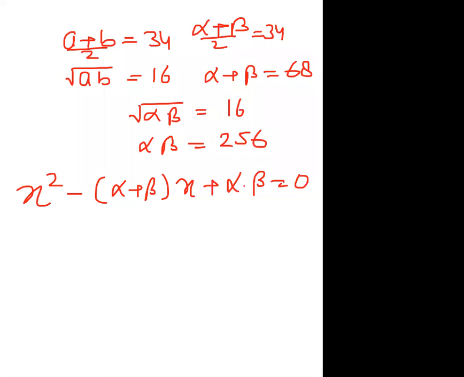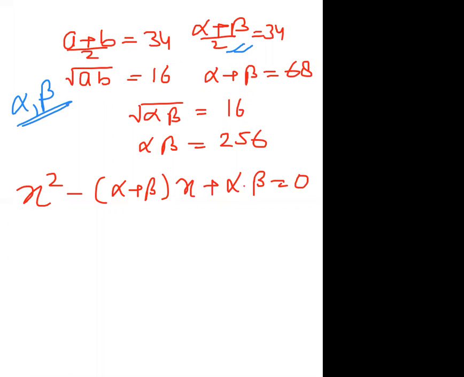Again, try to see the words. He said in the question that the arithmetic mean of the roots. We know that the roots of the quadratic equation are alpha and beta. So their arithmetic mean will be the sum of the two numbers divided by 2.